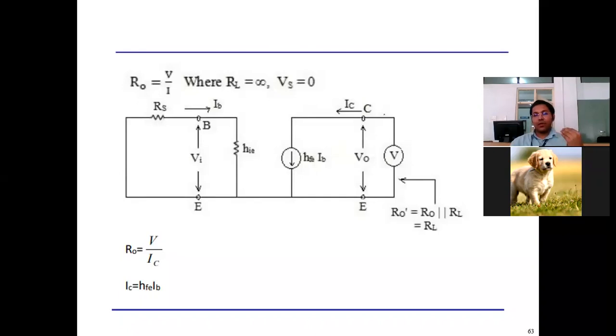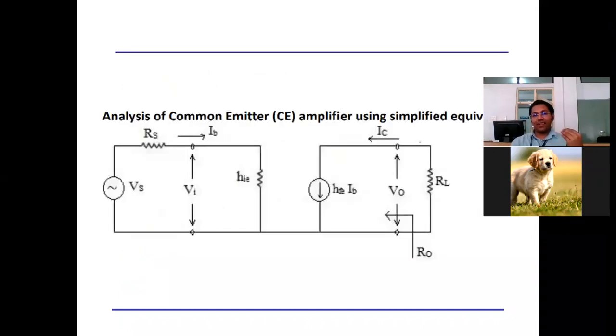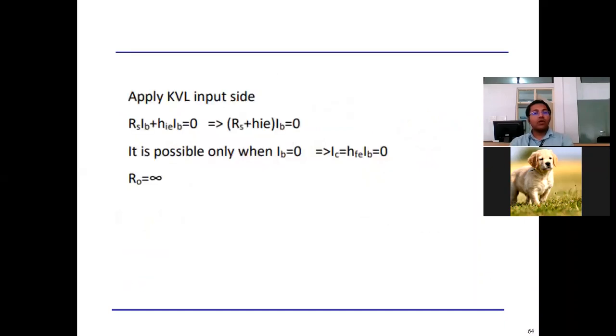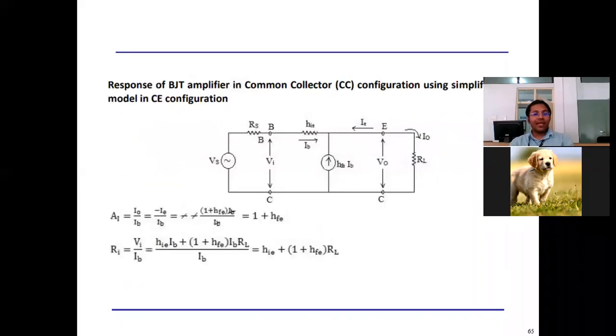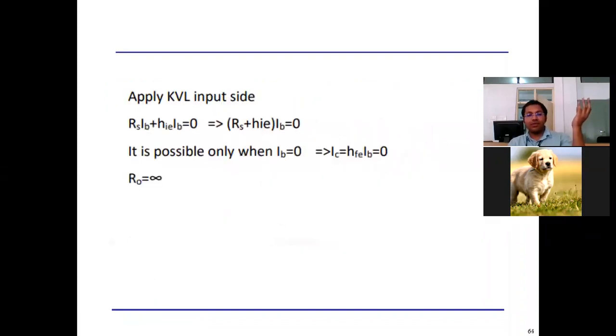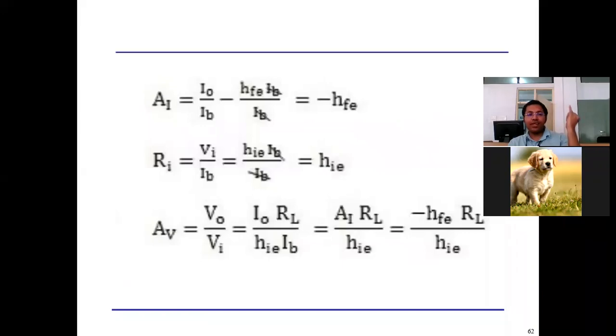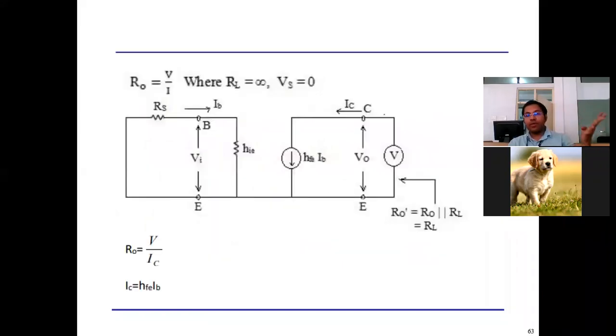So what I understand is, if you have understood this common emitter analysis, you can understand common collector and common base. In the last class, we did common collector current gain and input resistance. For common emitter we did all 4: current gain, input resistance, voltage gain, output resistance.